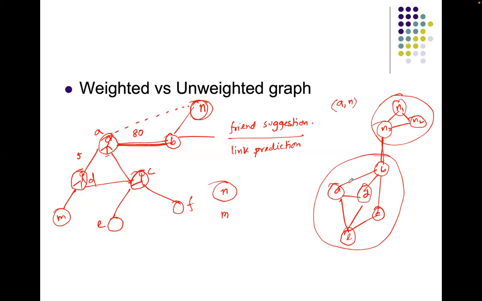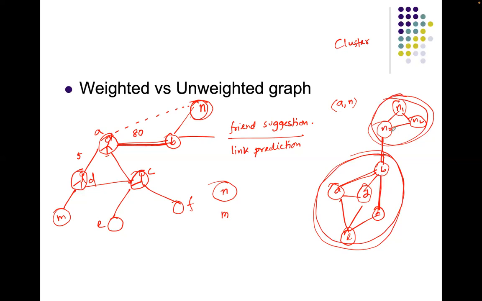in that case, maybe just the information about who is connected with whom is the only information we need. For example, here we have a community, and here we have another community. By community we mean a cluster. In one cluster, there are a lot of connections between the nodes, and there are fewer connections between two different clusters.